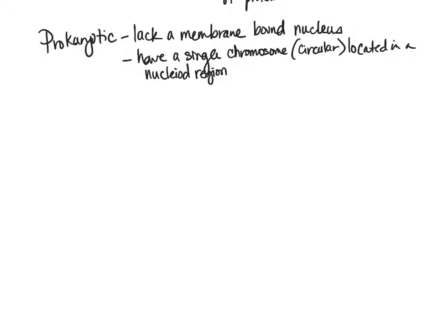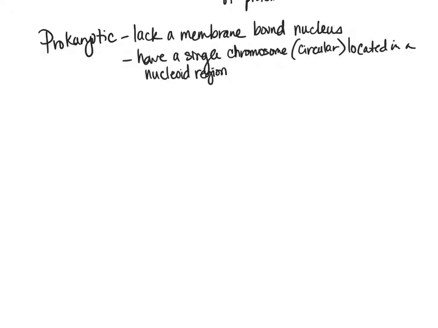So again, since they all have chromosomes, I spelled that wrong here, let me fix that. So nucleoid, let's get that correct for everybody here. Nucleoid region. All right, so our prokaryotic cells, again, they lack a membrane-bound nucleus, but of course they do have chromosomes, so they have a single chromosome that happens to be a circular chromosome, and that's located in what's called the nucleoid region.